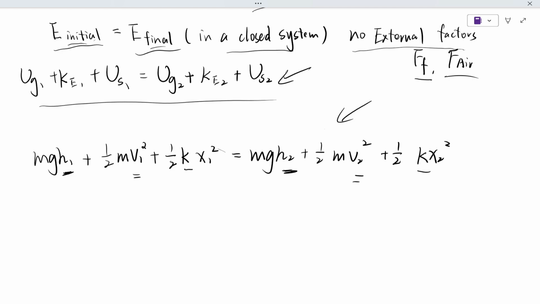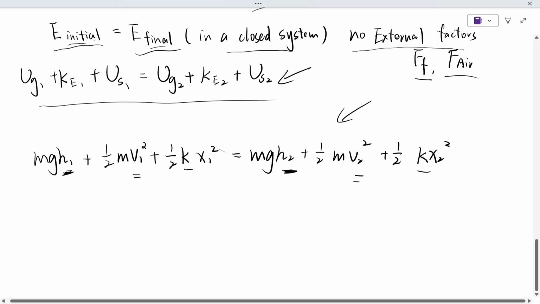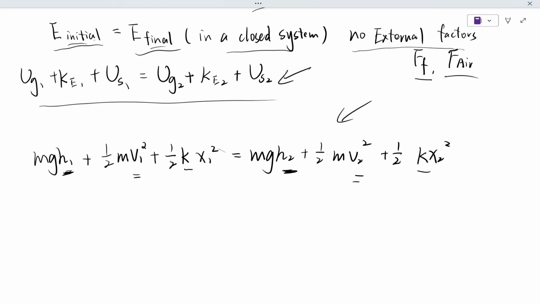For example, over here h1, at initial state, the object is at the height of h1. However, at the final stage, the object may be at the height h2. So when you're doing a question about conservation of energy, you have to pay attention to each variable because they will be different at the initial state and at the final stage.